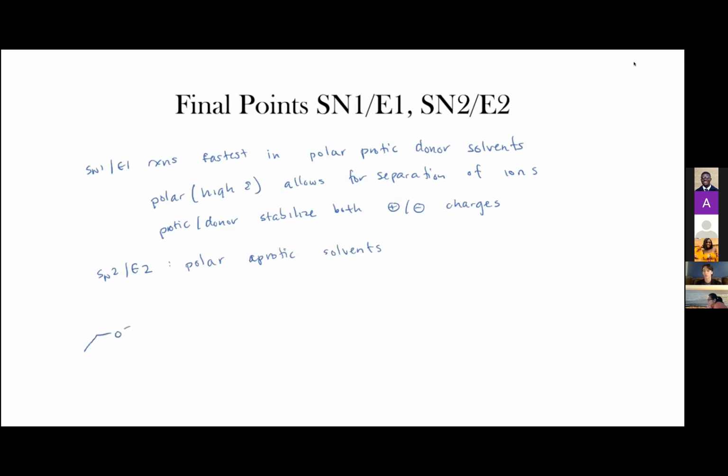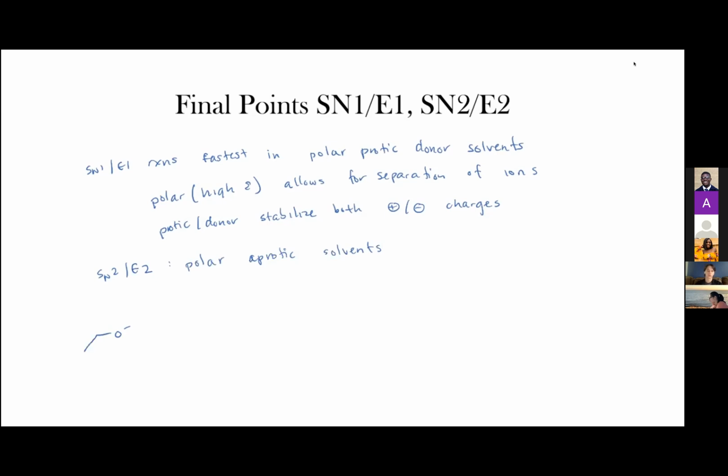If you saw from the slide, when all those molecules with the OHs attached form either hydrogen bonds or dipole interactions, you're actually reducing its effective negative charge, and by doing that you're reducing its nucleophilicity.